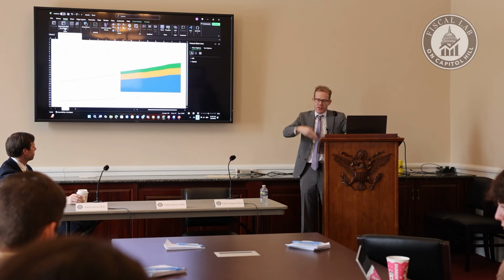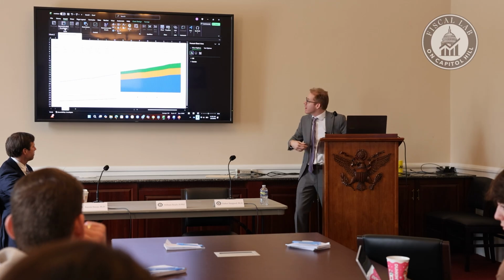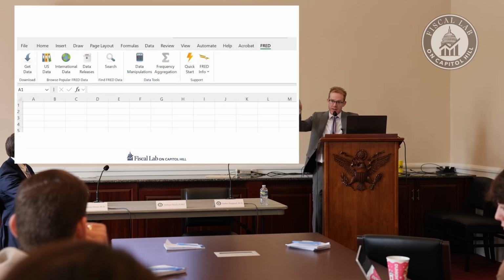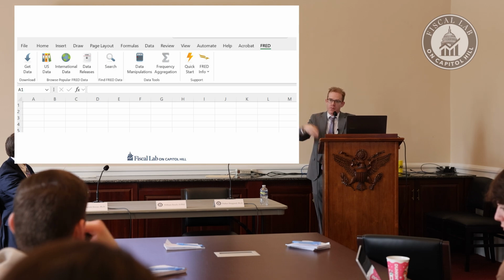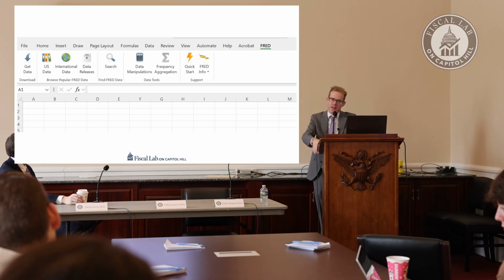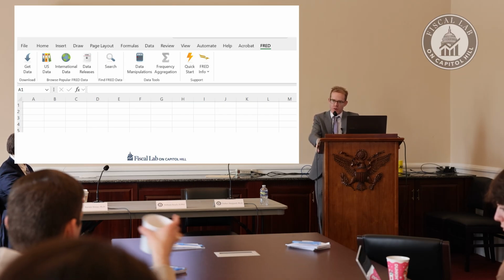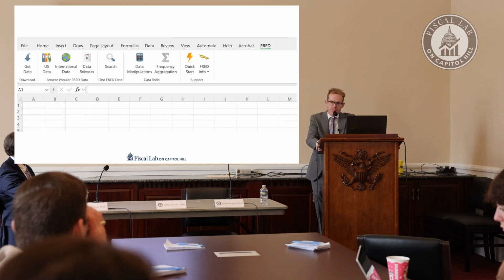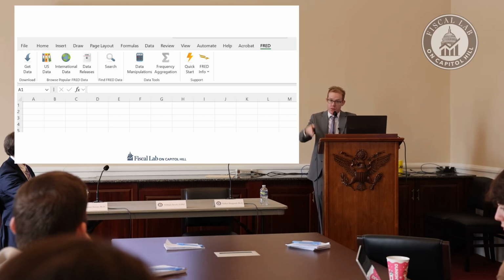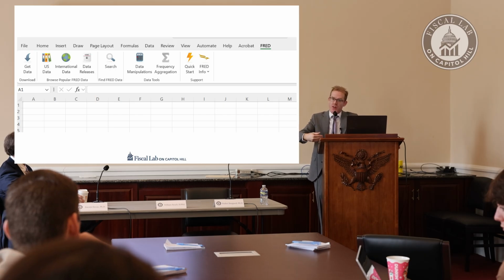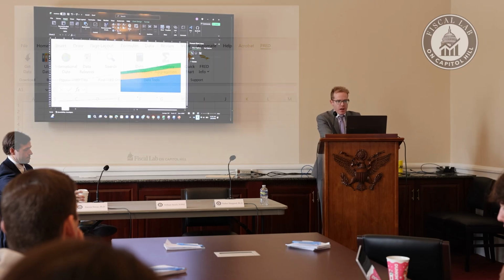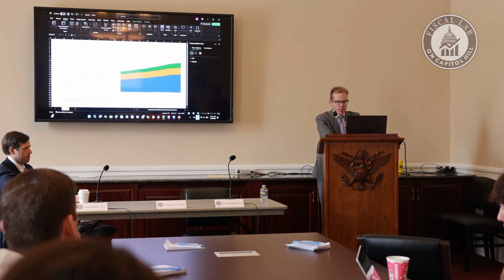But once you follow those steps and you get the add-in plugged in, there's going to be a new tab on the ribbon across the top that says FRED, and there's going to be buttons for finding different kinds of data. The button specifically for finding US data, international data, so you could pull up the CPI data we were looking at earlier. There's also a button for manipulating the data called data manipulations, so you could then transform it into the year-over-year rate, for instance, what we were looking at before.